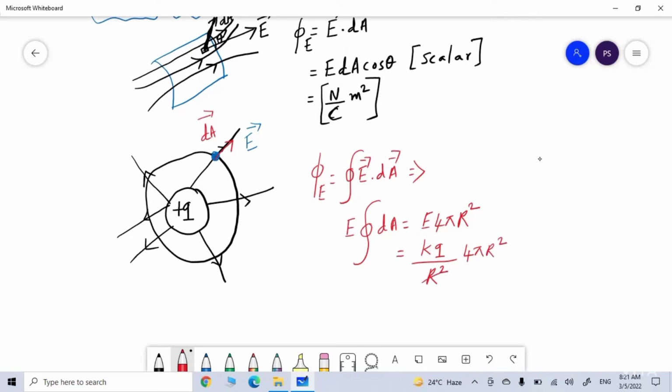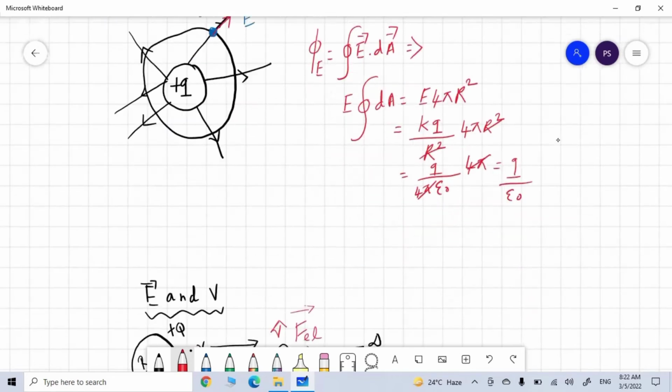Now r square and r square get cancelled, and Coulomb's constant K is 1 over 4 pi epsilon 0, so the 4 pi upstairs cancels with the 4 pi downstairs. So Q over epsilon 0 is the relation we get.